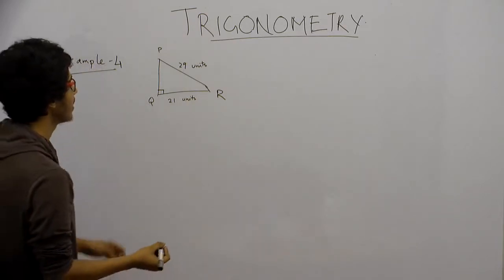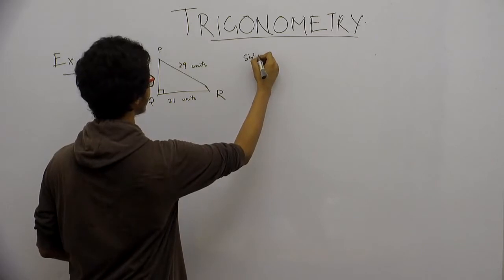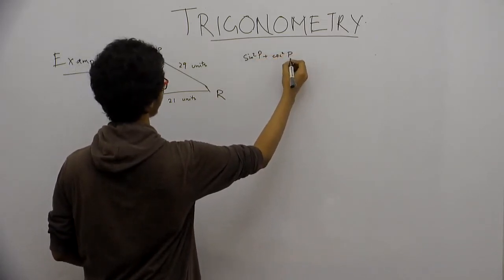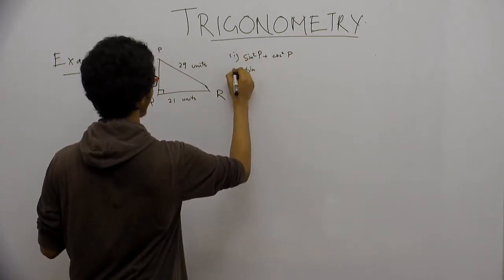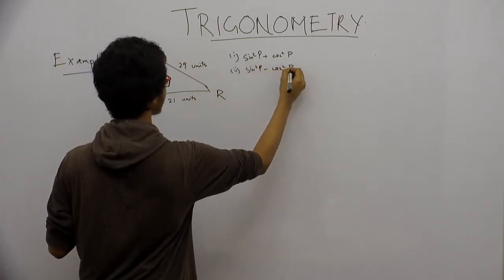We have to find the values of sine square P plus cos square P and the value of sine square P minus cos square P.